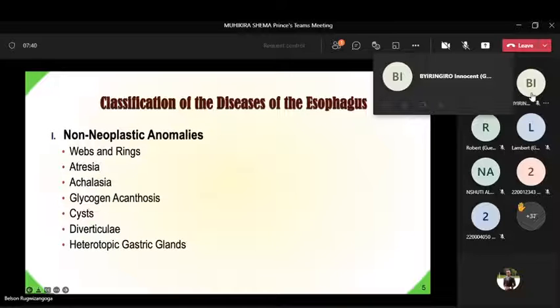There are diverticulae. A polyp is like a nodule within a lumen or on the surface of the skin, for example, and a diverticulum is like the opposite. So it is not a mass within the lumen of the esophagus. It is instead an outpushing of the mucosa.